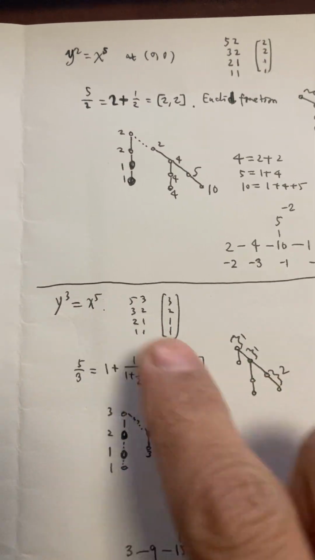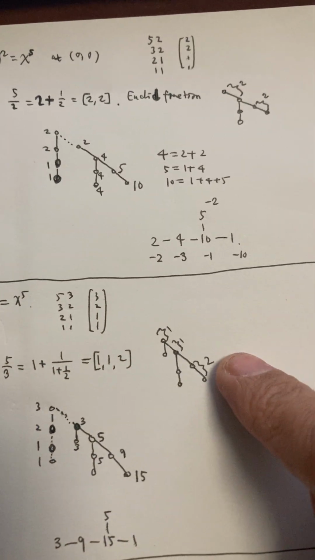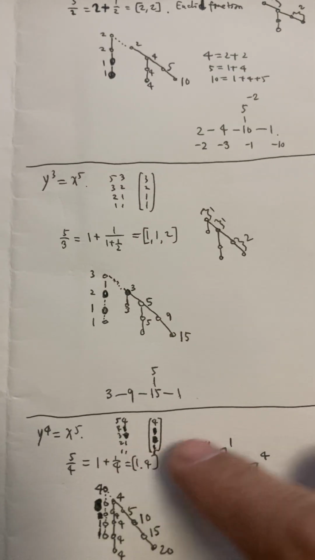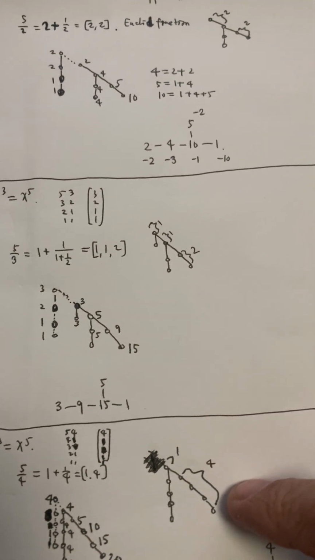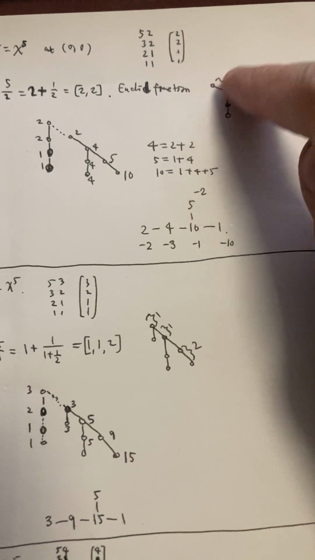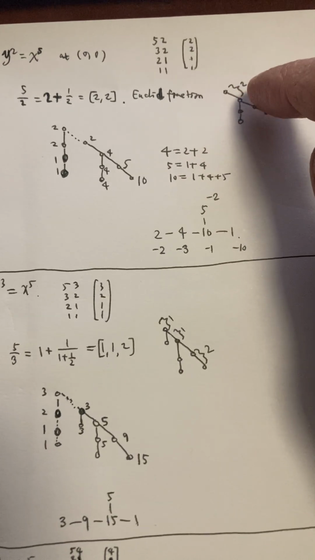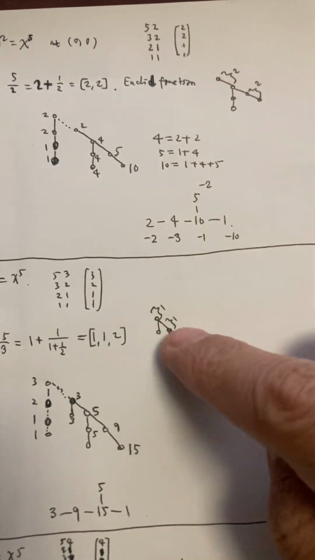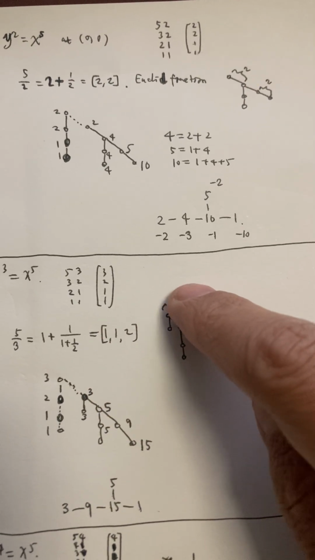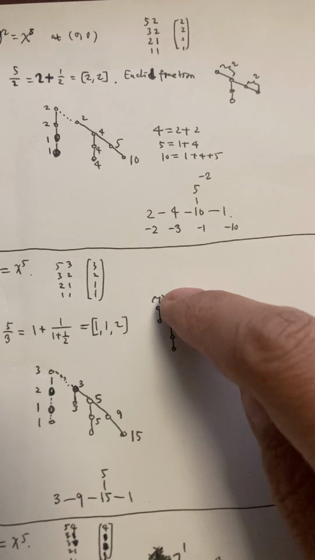In this case, 5/3 gives 1, 1, 2. That means the first layer is a little smaller, 1 unit smaller. Here the first layer is 0, so 0 is 1 unit smaller than 1.